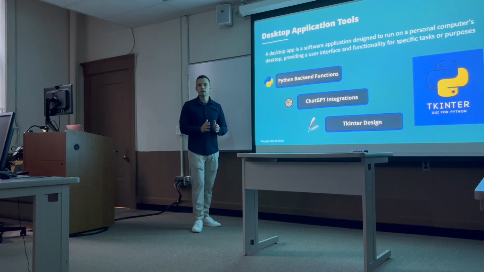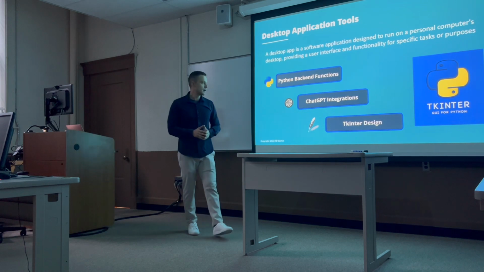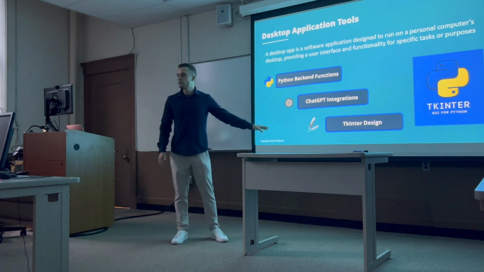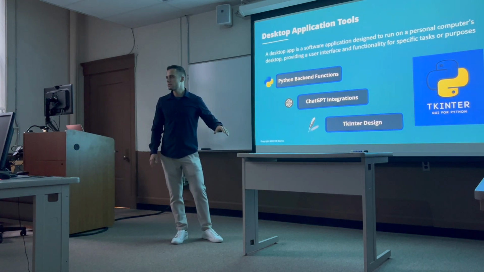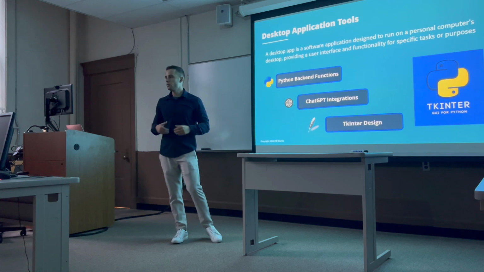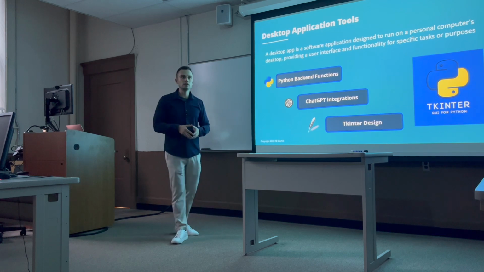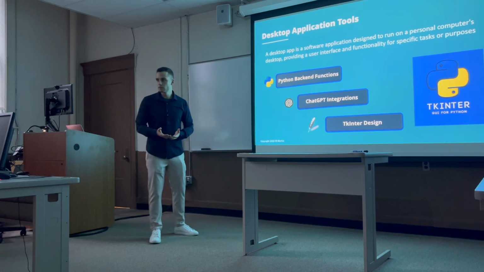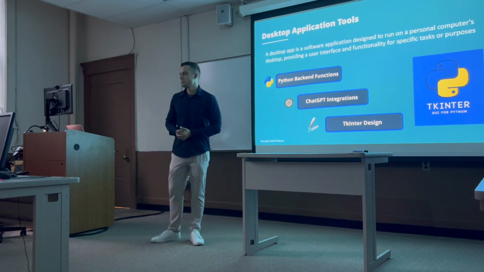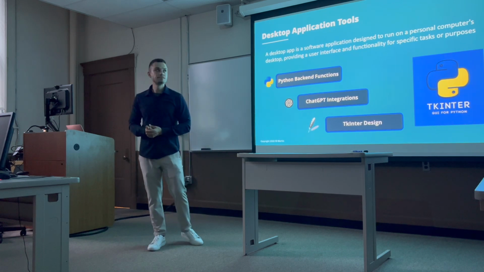We're going to integrate them together. And also, the front end and the backend, in this case, are all going to be in a Python file. So the design of your application is not going to be in an HTML file, right? It is going to be Python code.